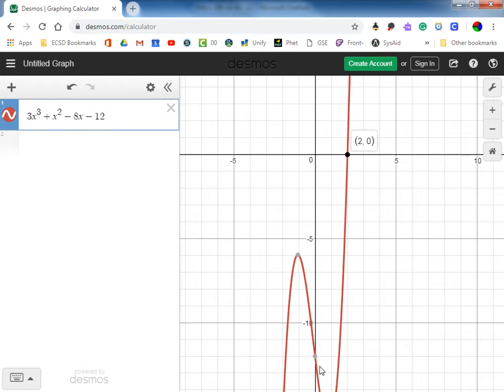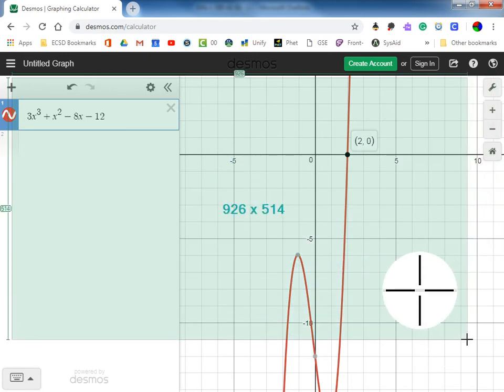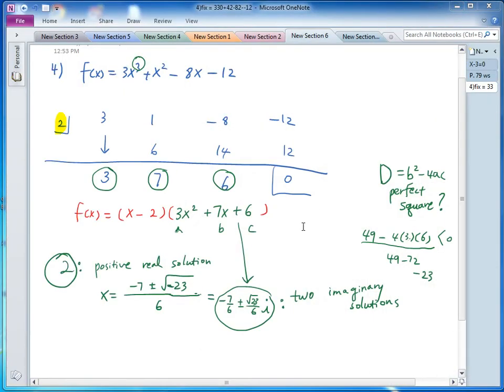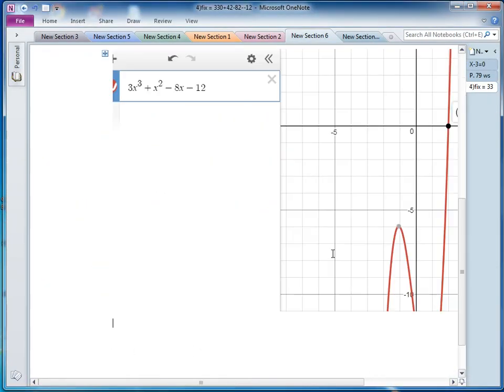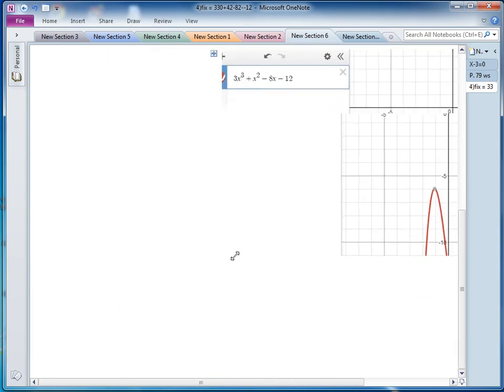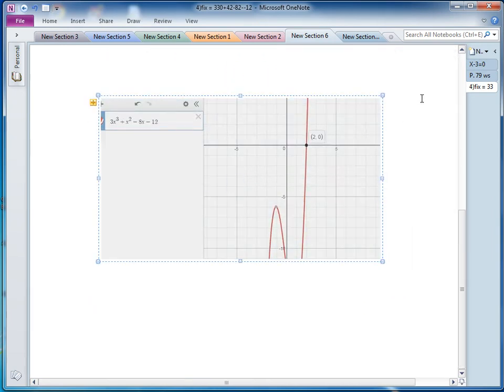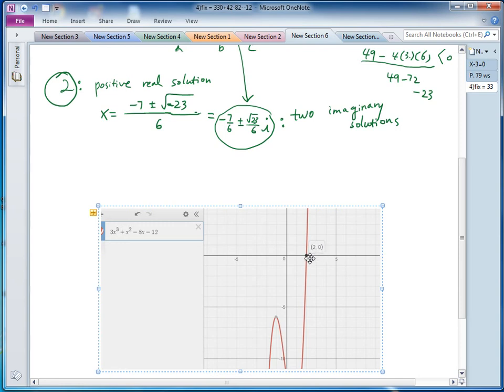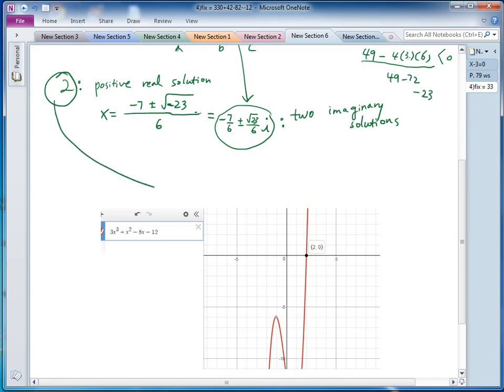So if we have no idea, you can use the calculator for finding your x-intercept. So that's how you see 2 at the x-intercept, same thing right there. Okay?